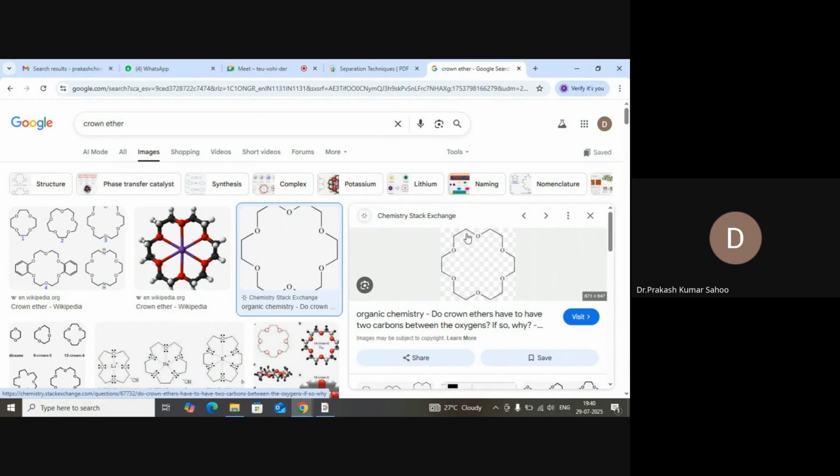This is just a repetition of 1, 2, 3, 4, 5, 6. So this is your 18 crown 6. So total number of atoms is 18, and crown 6 means the number of oxygens is 6. So the name of this crown is 18 crown 6. So accordingly, just see here.